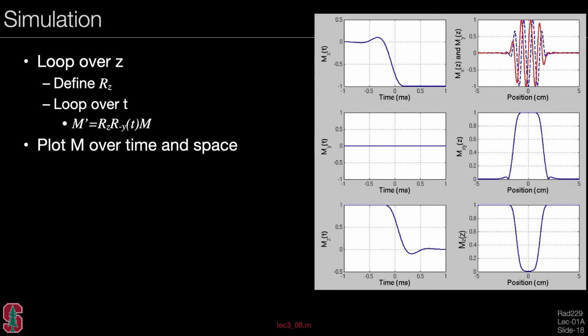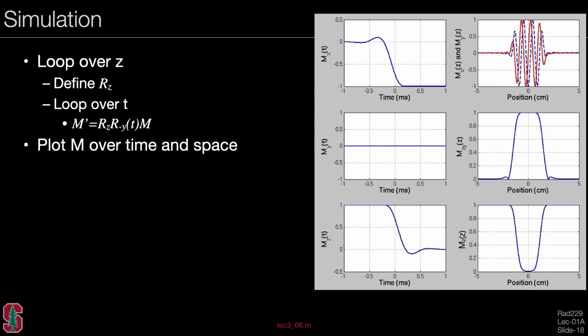So if we look at this plot on the right here, we have the mx, my, and mz as a function of t. So you notice that we start at equilibrium, and over the course of the pulse, you can actually see the output of the pulse as the magnetization goes towards negative x in this case.